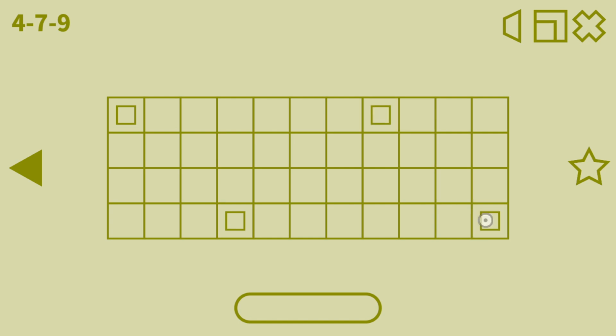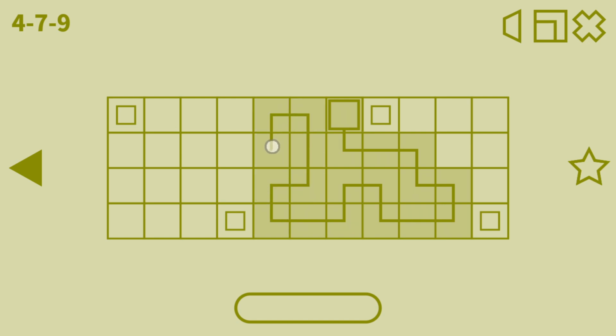But it's not doable. The problem is there's no way, short of going straight like this, which we can't do. Can we do this? Maybe we can do this. Hold up. So now we're here. We need a 3 by block.